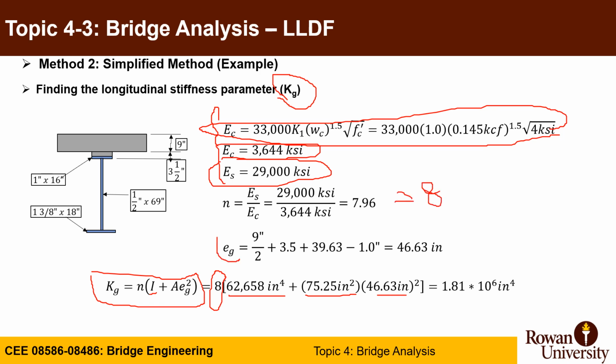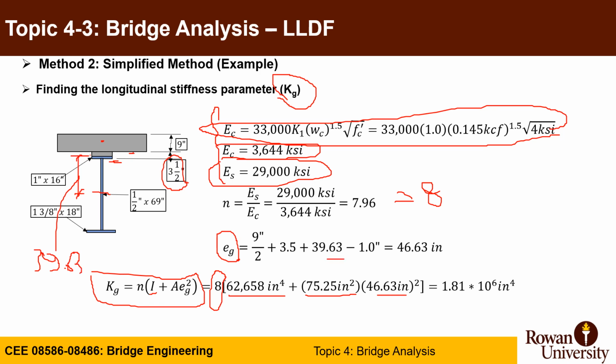In order to calculate e_g, it is the distance from the centroid of the slab to the centroid of the cross section. You can see here there is this 3.5, which is from the bottom of the web to the bottom of the slab. So in order to do so, we need that, and there is also a distance between the top flange and the centroid of the girder, this distance was given to be 39.63, which is similar to what you calculated actually in homework number 3, right?